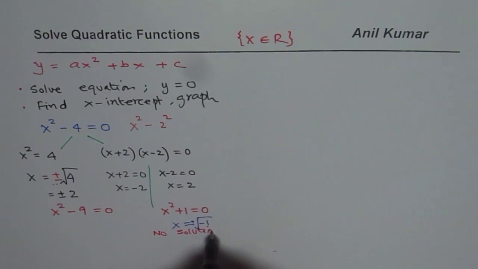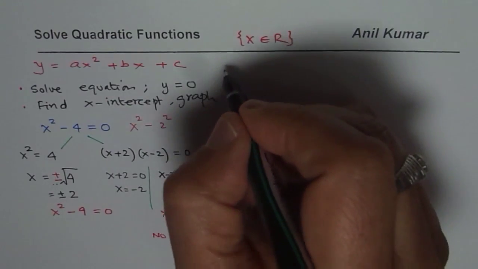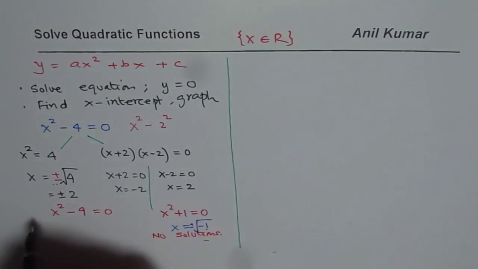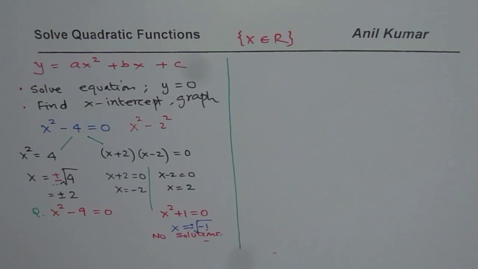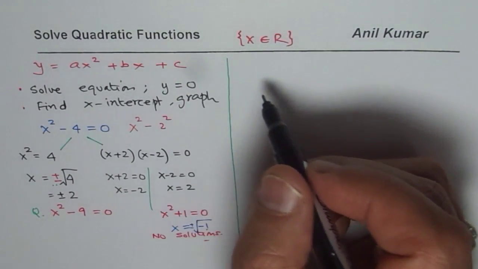So there are times when you may not have a solution to a quadratic function in the domain where we're talking about real numbers, right? So this one is a question for you. You can apply both techniques and solve this particular question, right? Now this is one way of looking into it. The other way is a very extensive way of doing things. Let's talk about factoring in a bit more detail, right?